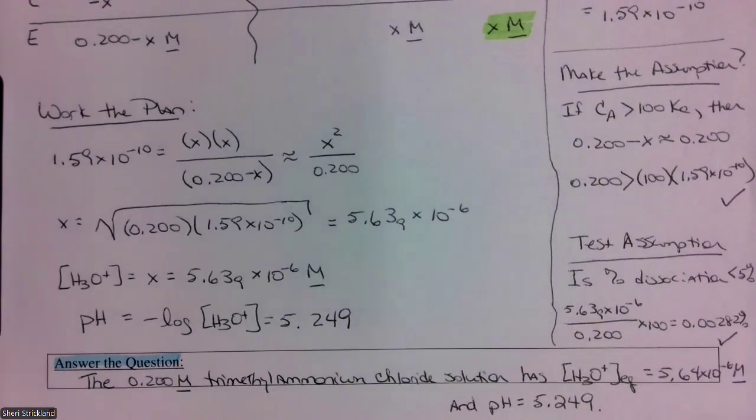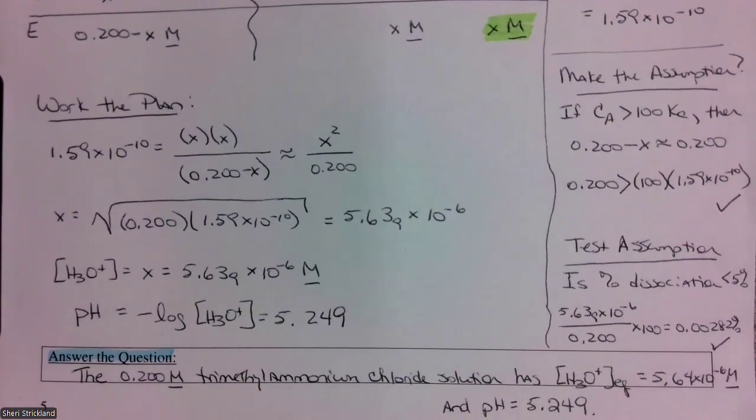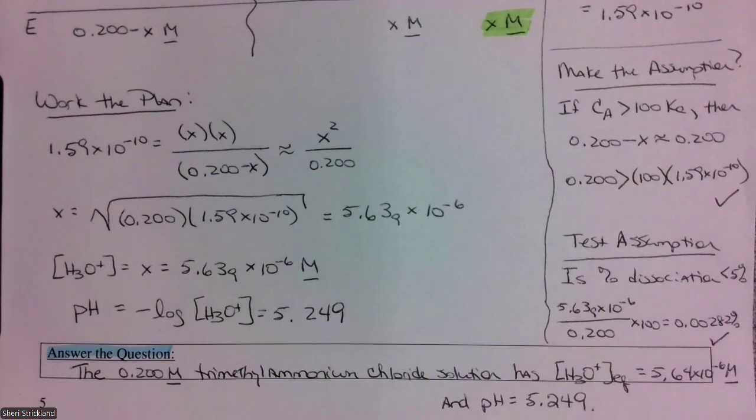All right, so that is the basic story on how you deal with a salt that has a cation that's acidic and an anion that has no impact. If you have any questions, please send them to me.